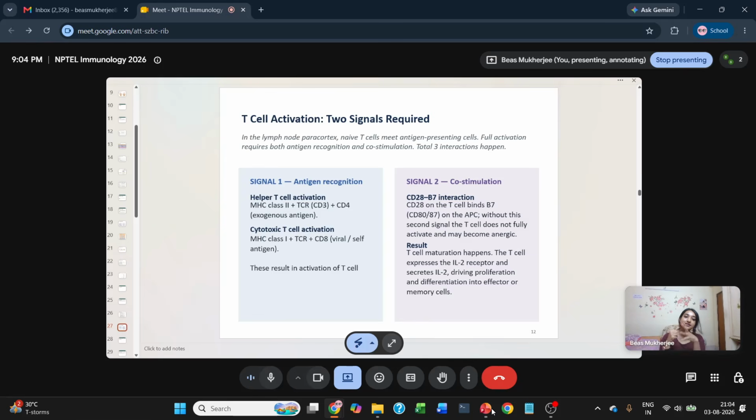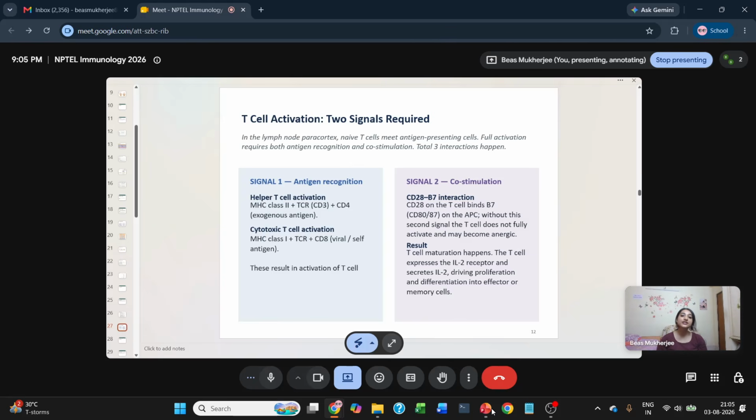Besides this TCR interaction, there is also an interaction with the co-receptor, plus another interaction with another co-receptor. So a total of 3 interactions happen. The first 2 interactions result in activation of the T cell. The third interaction basically helps in maturation of the T cell.